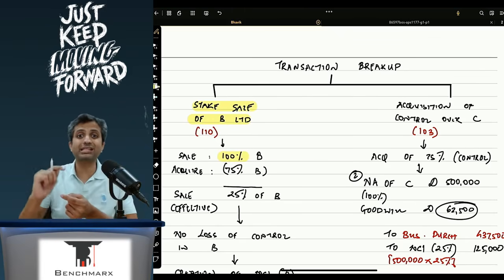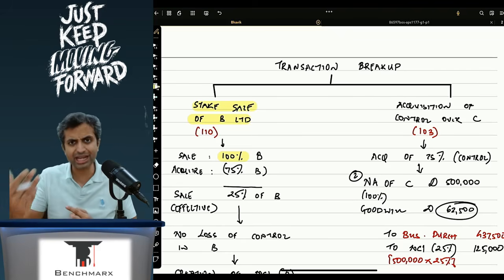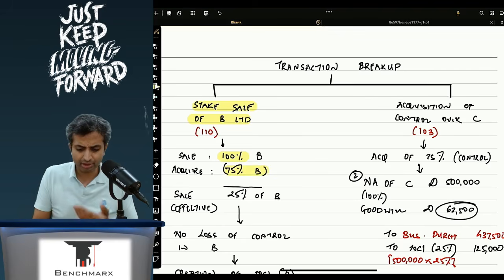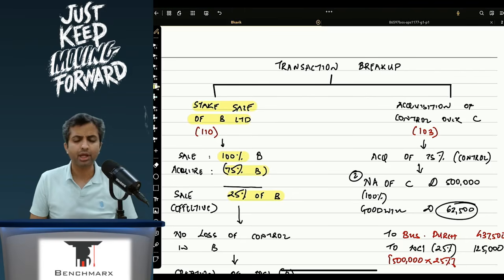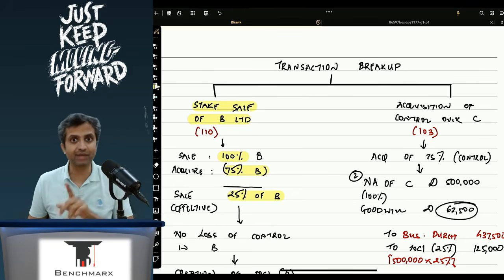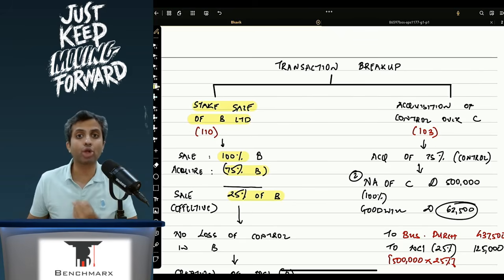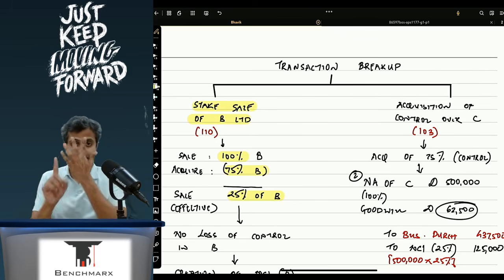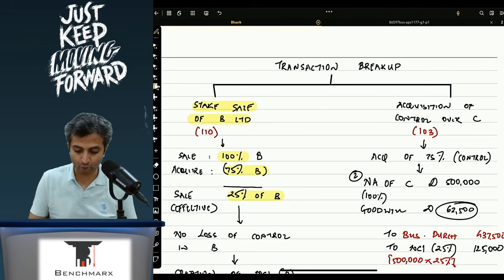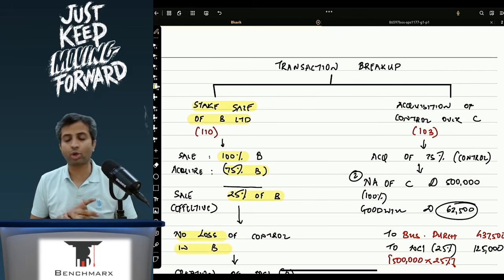However, I acquired 75% in C, and hence effectively I have sold only 25% of B. So this transaction can be said to be a sale of 25% interest in B. I still have 75%, and hence I can still control B, and hence this is a stake sale not resulting in loss of control. So there is no loss of control in B. Now if there is no loss of control, if I'm not wrong, in our material, this is question number 21 of consolidation.